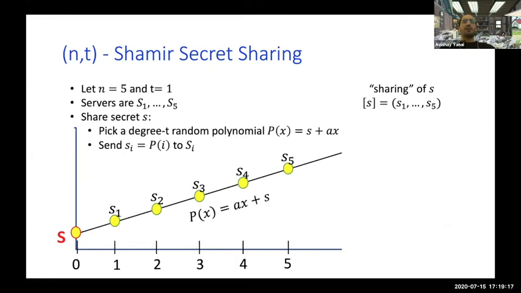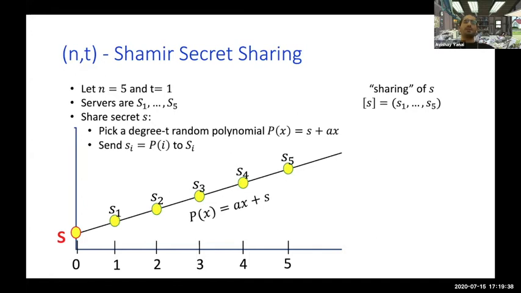Our private information write relies on Shamir secret sharing. In Shamir secret sharing, we have a dealer with a secret S, and she wants to divide it into n pieces such that t or fewer pieces reveal nothing about the secret, and t+1 or more pieces are sufficient to reconstruct it.